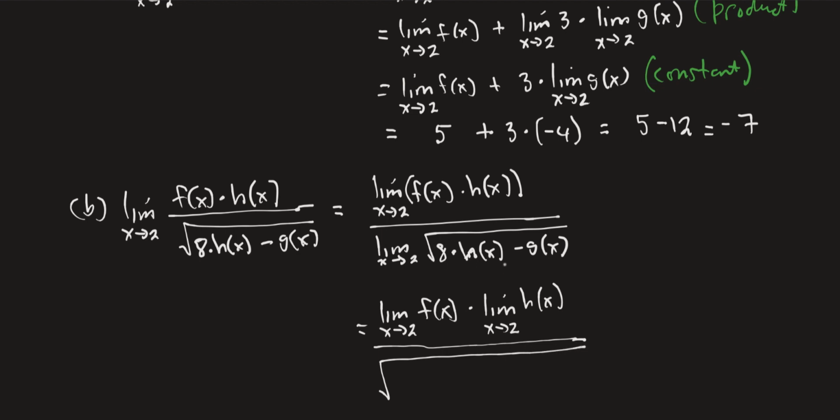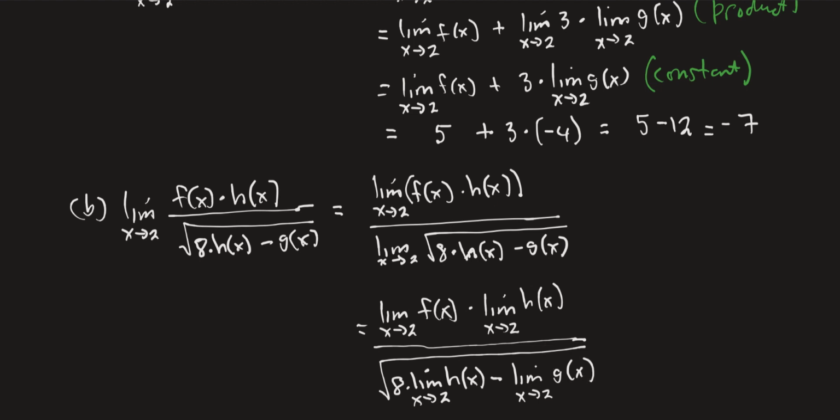So first we would have to take the limit of this product, which is similar to what we did in part A, and this will end up being 8 times the limit as x approaches 2 of h of x, and then minus, because it's a difference, the limit of g of x, right? So the limit as x approaches 2 of g of x.